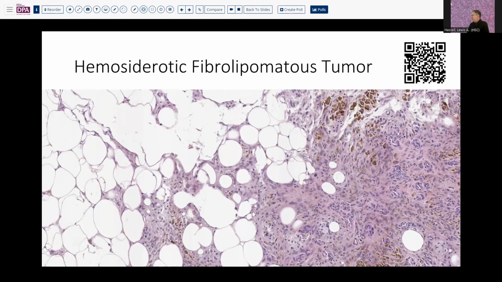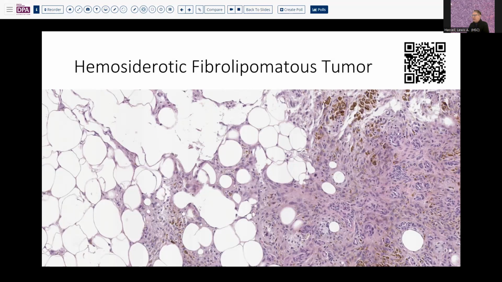And as you can see, there's a fair degree of hemosiderin deposition. You've got this fibrohistiocytic or fibrotic component with some histiocytes with foamy changes. And this has a characteristic translocation between chromosome 1 and 10, which usually involves the TGFBR3 and MGEA5 genes.